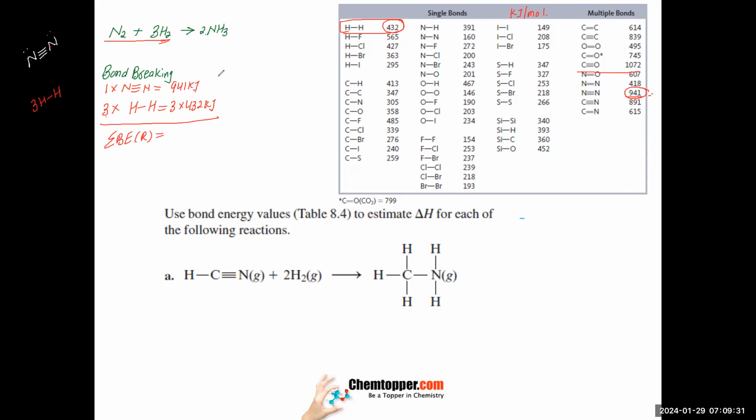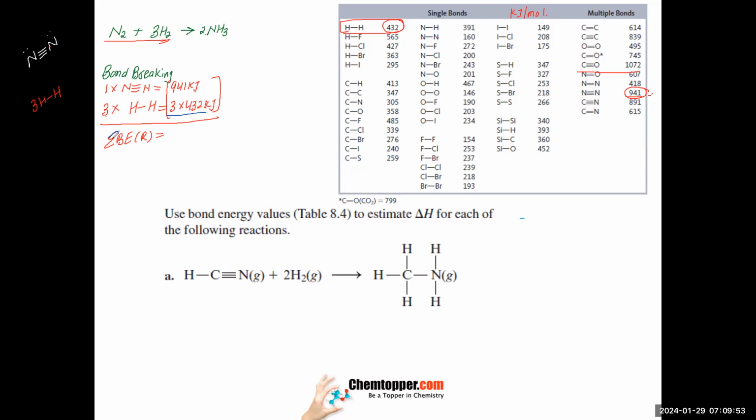Can you add this? Use your calculator, please. Lasya? Ashita, can we answer this? Summation of bond enthalpies. Yeah, please add this in your calculator. Give me the answer. Add these values.